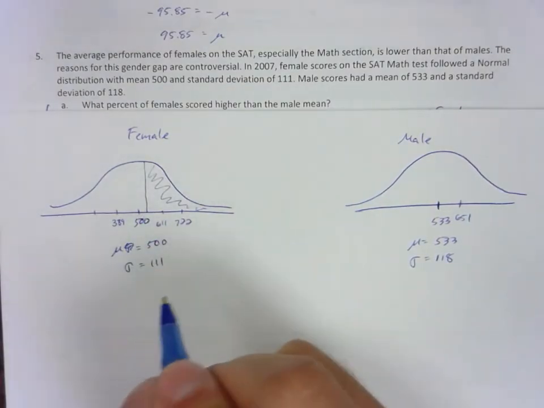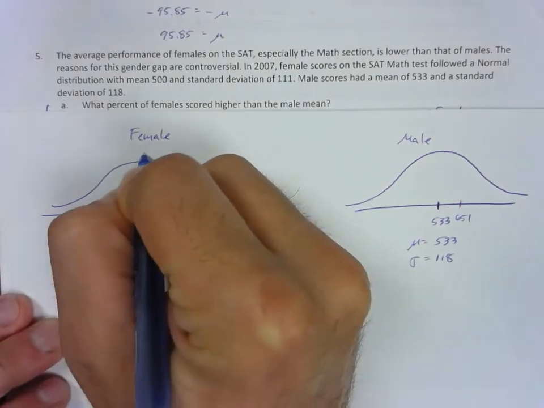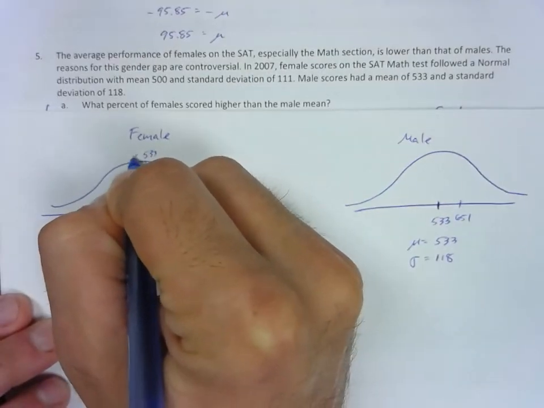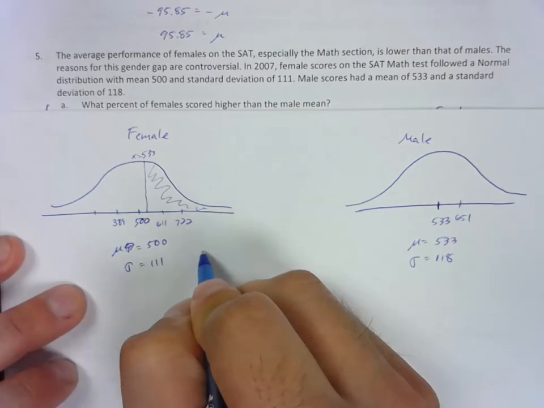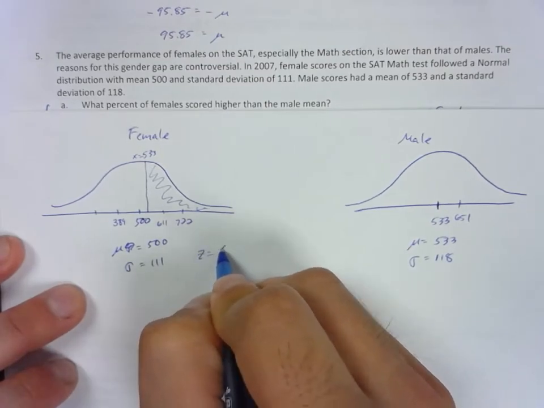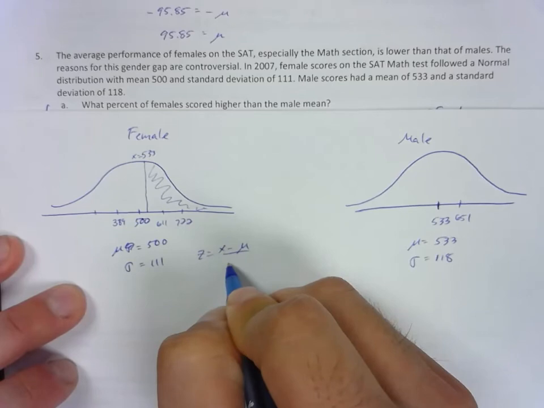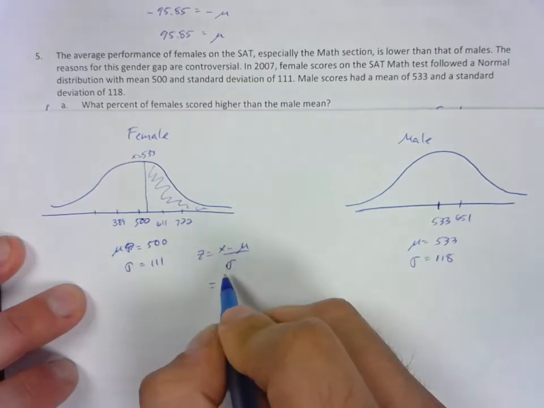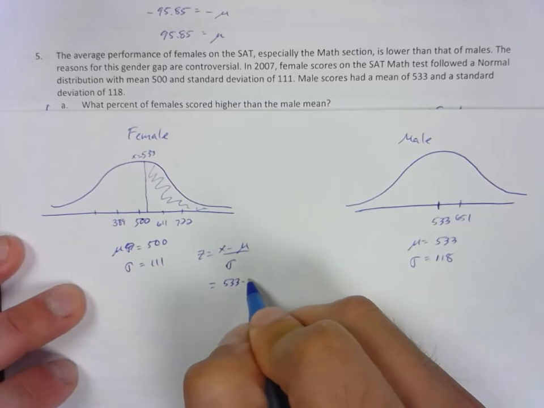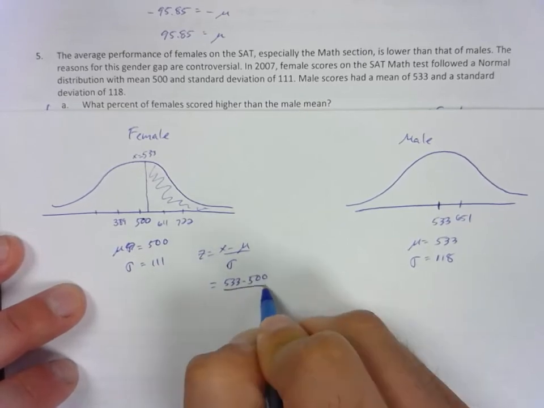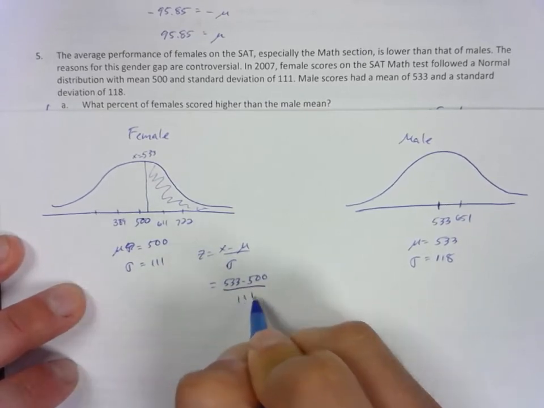So let's find that z-score, and that x value is 533. X equals 533. The z-score is x minus mu all over the standard deviation. So the x is 533 minus the mu of 500, divided by the standard deviation of 111.